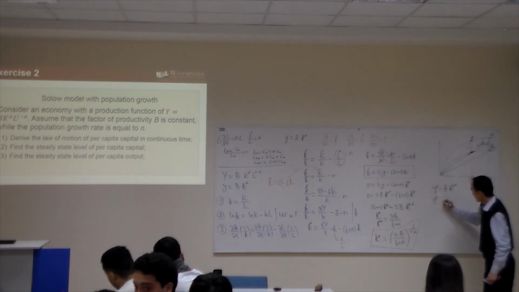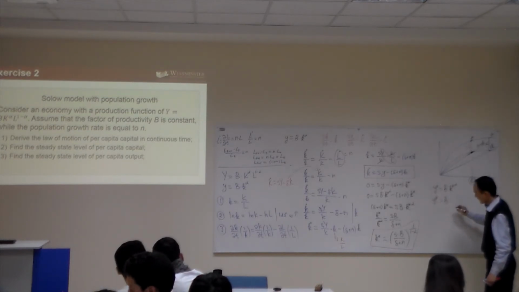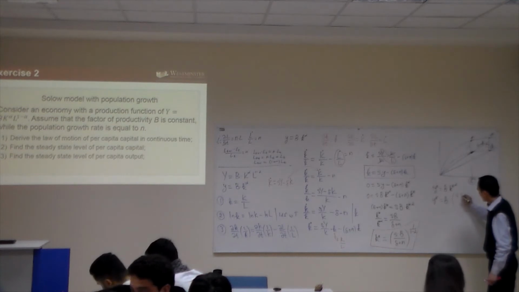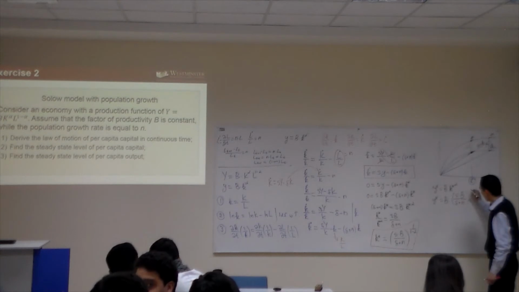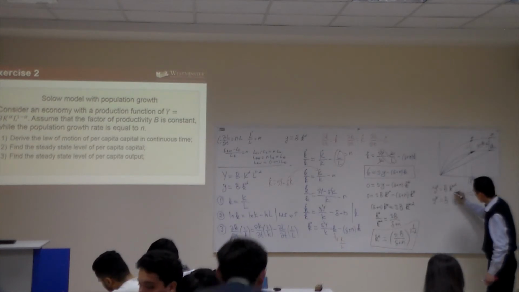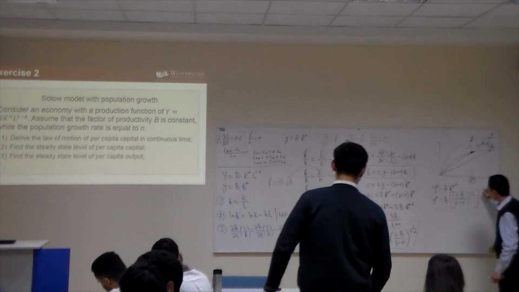Our Y star is equal to technology times saving rate times technology over delta plus n in the power of 1 over 1 minus alpha, in the power of alpha.